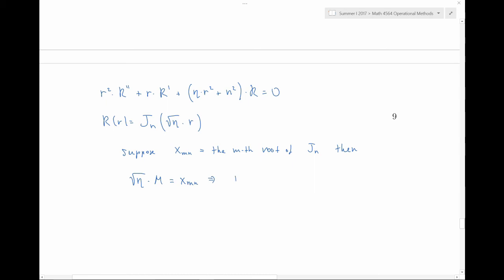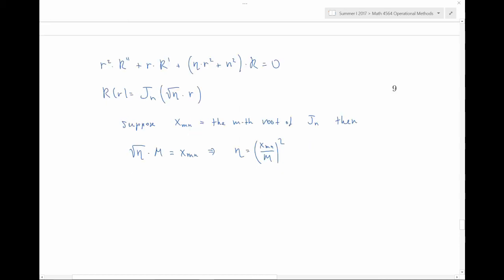Therefore eta is the square of x mn over M, and that eta depends on m and depends on n. Thus R of r is the Bessel function of order n of x mn times r over M.